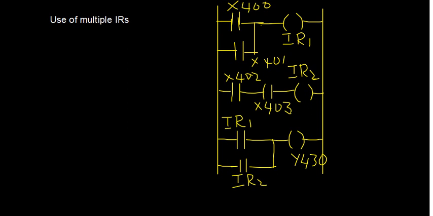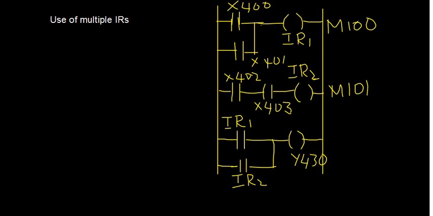You have one internal relay. Let us say that this is M100 and this is M101. These are the two internal relays. So when you want IR1 to be activated, you should have the input either X400 or X401. This is very simple. Similarly, if you want to activate M101, then you should have both X402 and X403 activated.